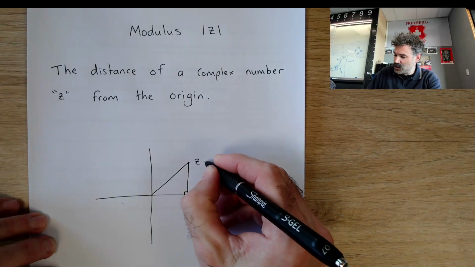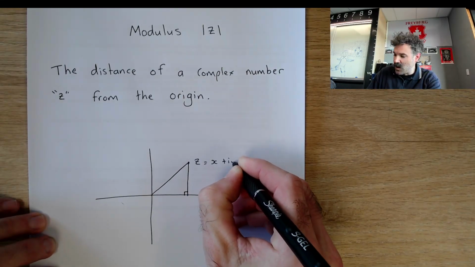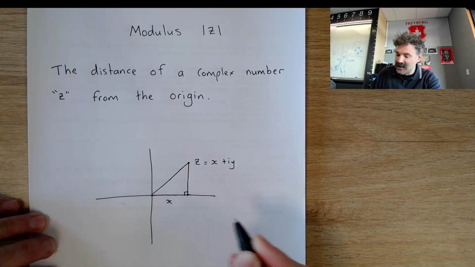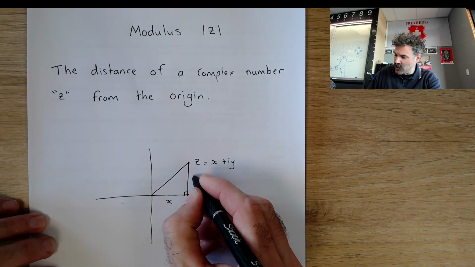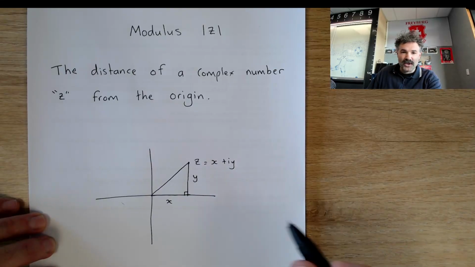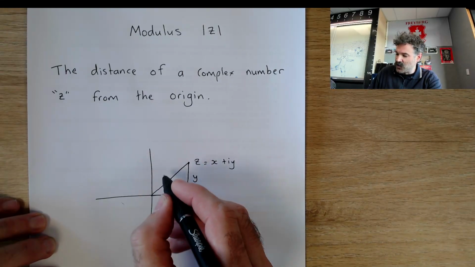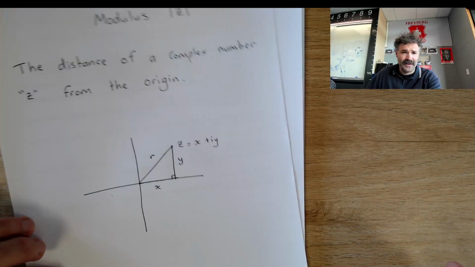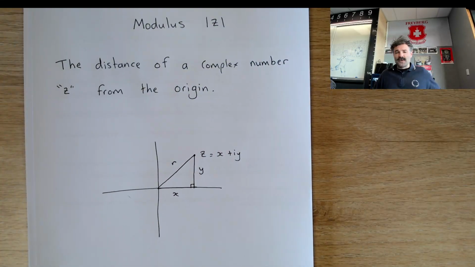So Z we would usually write as x plus iy, where this distance across here would be my x, this distance up here would be my y, and we are trying to find this long distance. Often we use r, mainly because we use that in polar form, to mean that length. So that's our job.